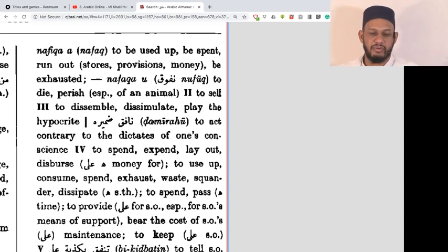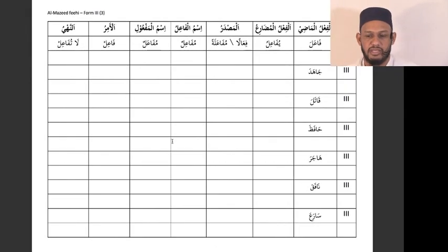Whereas on the third bab, nafaqa means to disassemble, dissimulate, but more commonly it means to play the hypocrite or to act contrary to the dictates of one's conscience, which means to believe one thing but to act in a different way. That's what hypocrisy effectively is. So nafaqa means to be a hypocrite or to display hypocrisy.